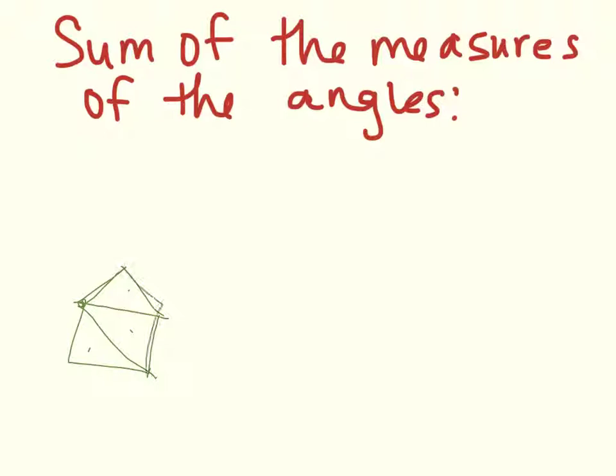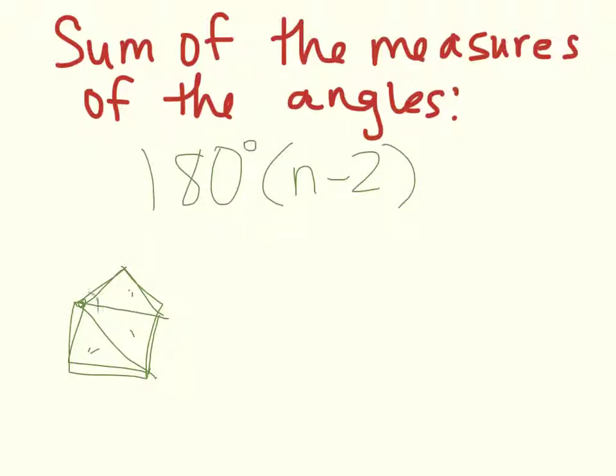So this was a pentagon, 5 sides, it formed 3 triangles. So what I do is I take the number of sides and subtract 2, and then I multiply that number by 180 degrees because there's 180 degrees in the 3 angles of a triangle. And that's how I find the sum of the measures of all the angles in any polygon. So if there's 10 sides, it's going to form 8 triangles because I subtract 2, so 8 times 180.